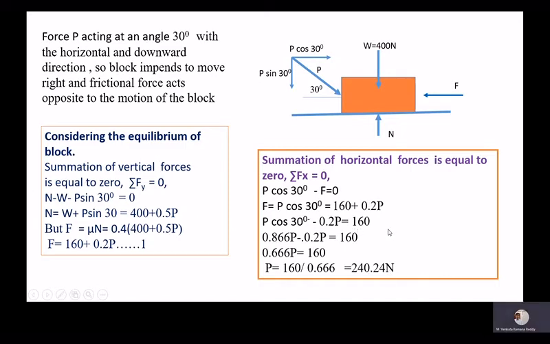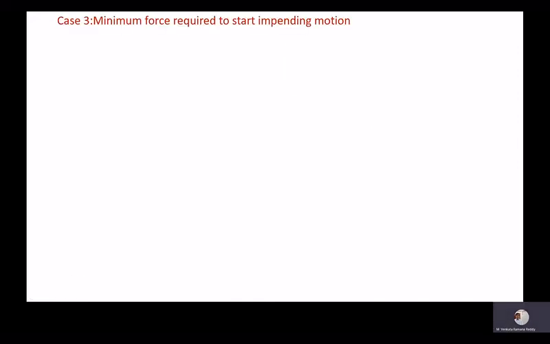Now we'll move towards the next case. That is, we have to calculate the minimum force required to start impending motion. So we have to draw the free body diagram of the block. On this surface, block is resting.